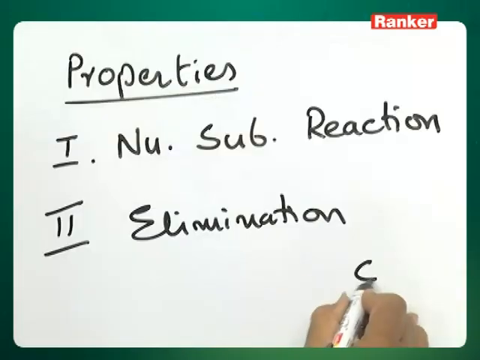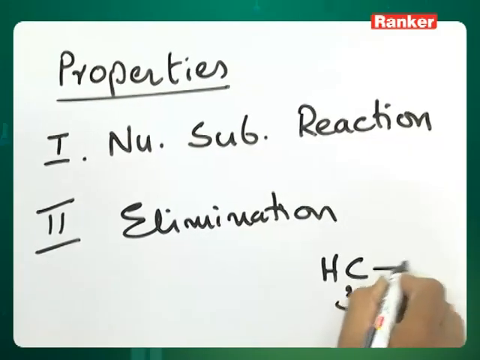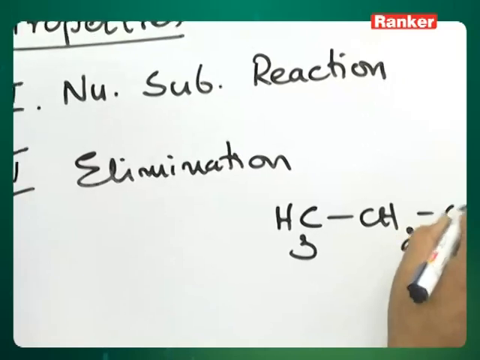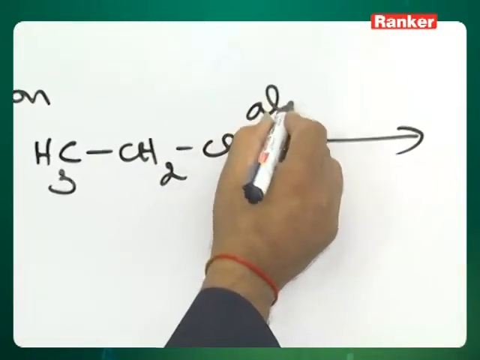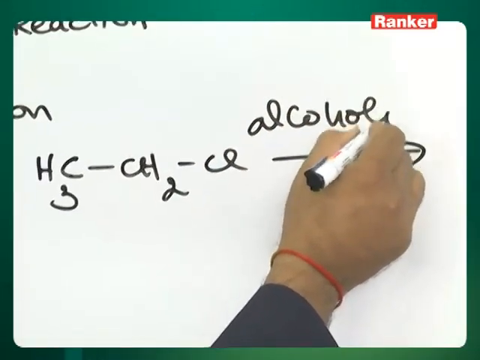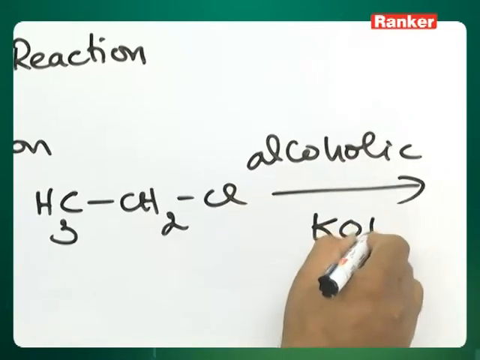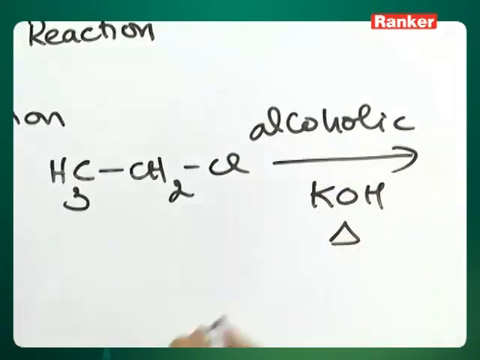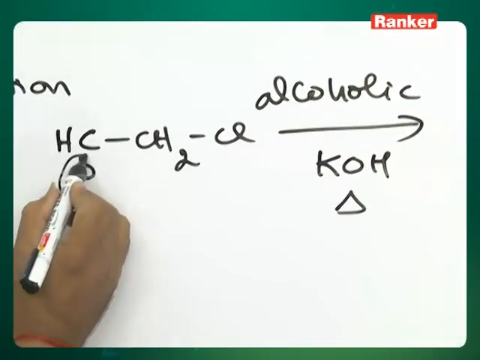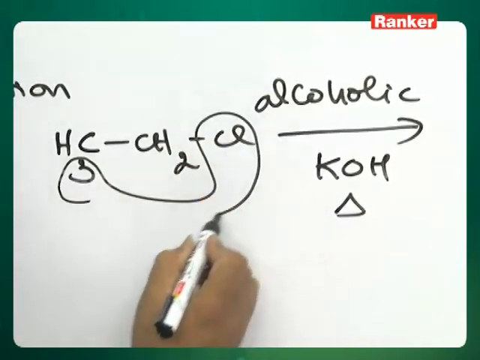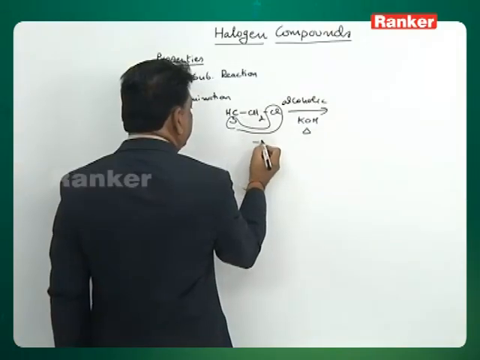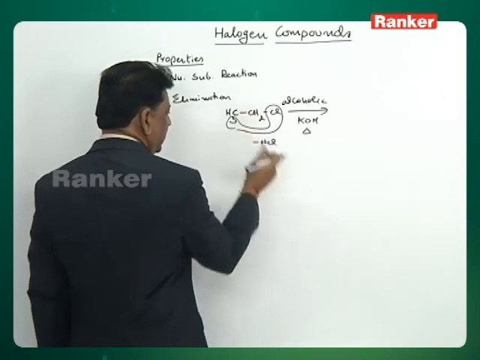Elimination is simply represented like an ethyl chloride when treated with the alcoholic KOH and heated for some time. So, you will get one hydrogen from one side, the other side Cl is removed, that is minus of HCl is taken away.